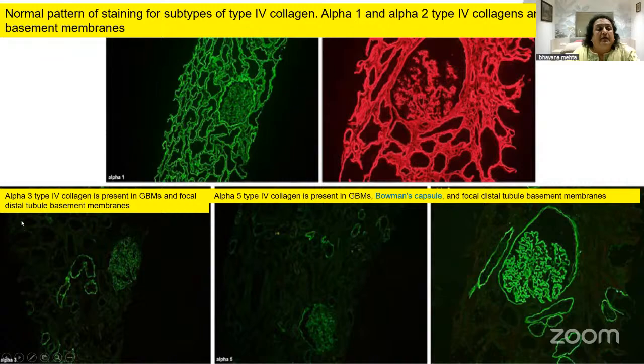Alpha 3 type 4 collagen is present in the glomerular basement membrane and the focal distal tubular basement membranes. When we do alpha 5 type 4 collagen stain, it will be seen normally in the glomerular basement membrane, Bowman's capsule, as well as in the distal tubular basement membrane.